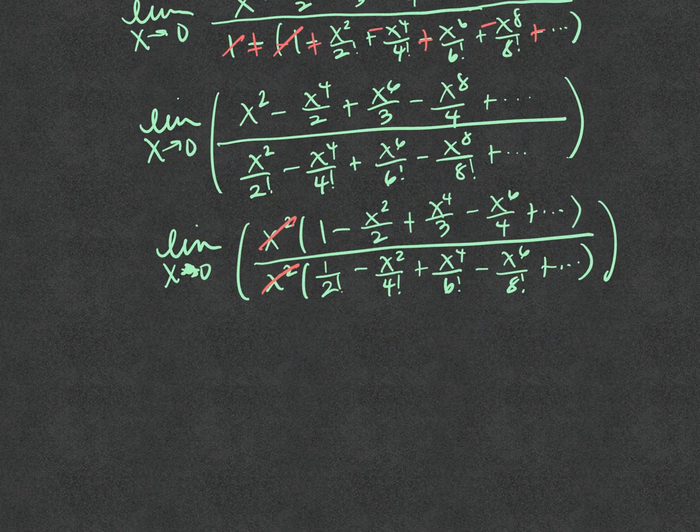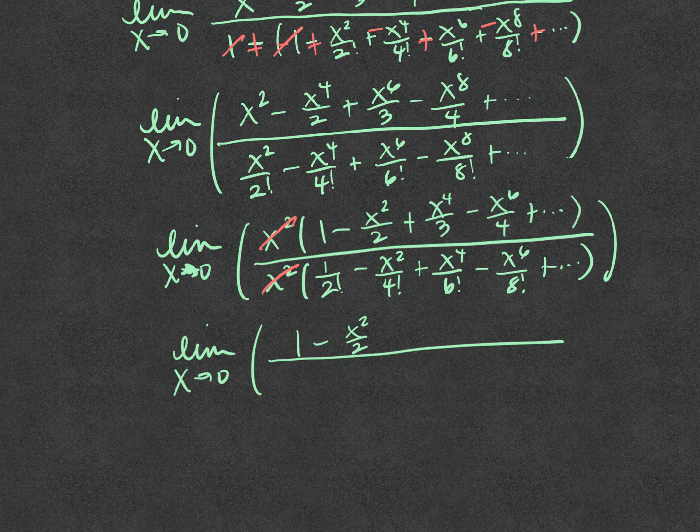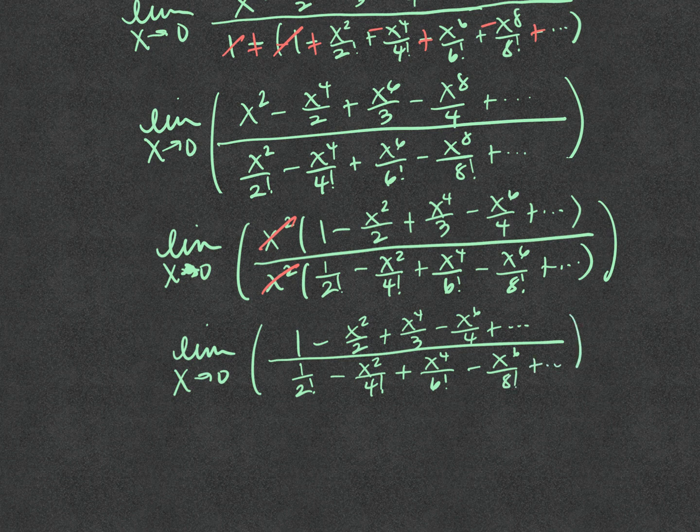So now let's write this out one more time. The numerator says 1 minus x squared over 2 plus x to the fourth over 3 minus x to the sixth over 4 plus dot dot dot. And the denominator says 1 over 2 factorial minus x squared over 4 factorial plus x to the fourth over 6 factorial minus x to the sixth over 8 factorial plus dot dot dot.